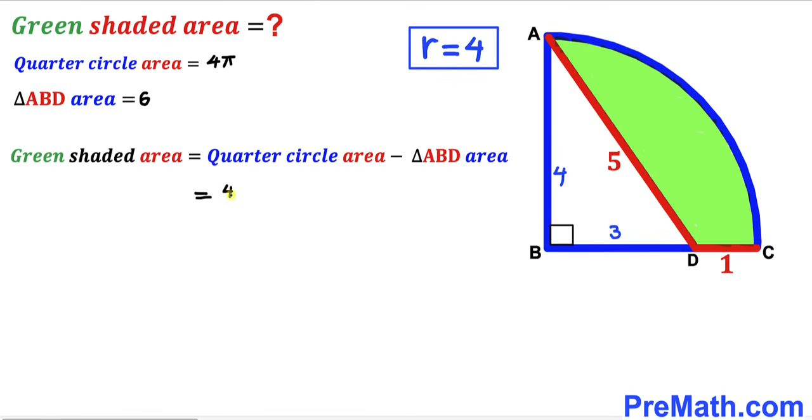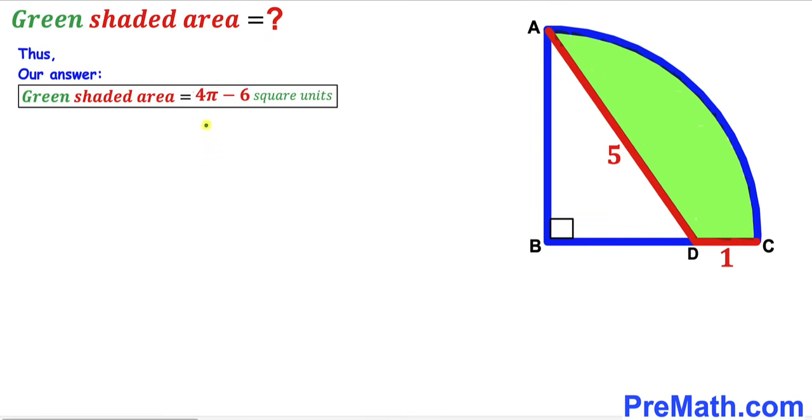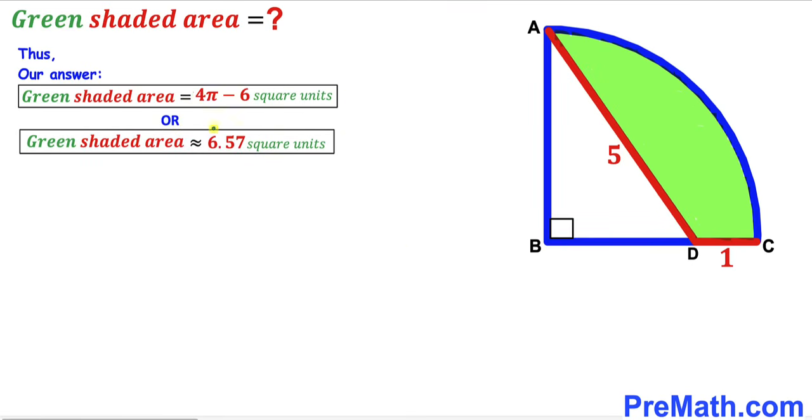So we got 4 times pi minus 6 square units, the area of this green shaded region. So thus the area of this green shaded region turns out to be 4 pi minus 6 square units. And that is going to be approximately equal to 6.57 square units as well. And that's our final answer.